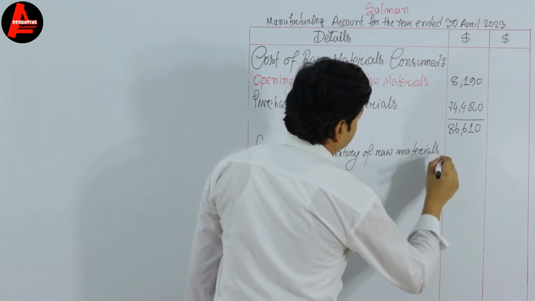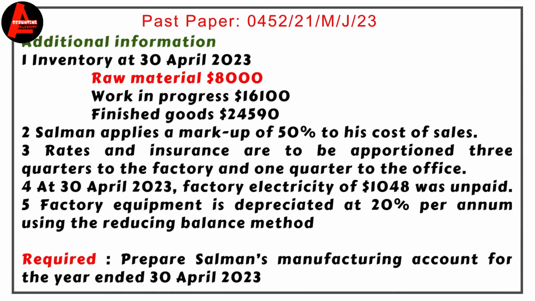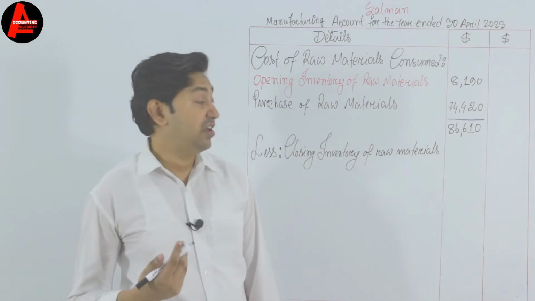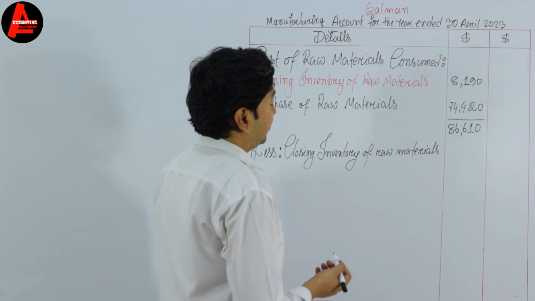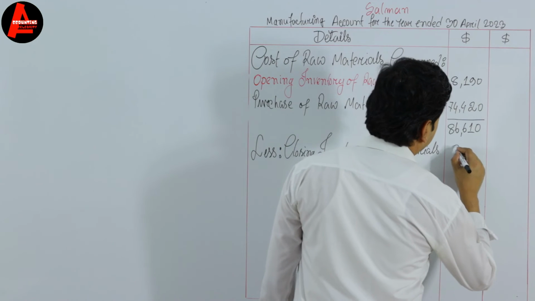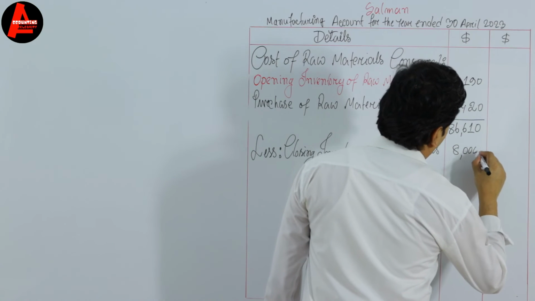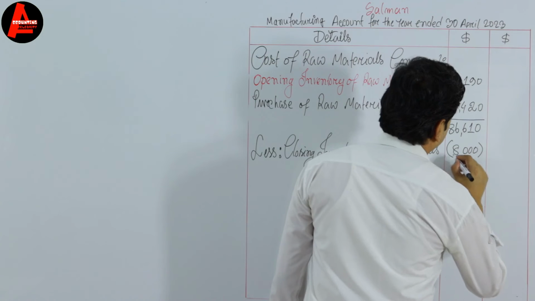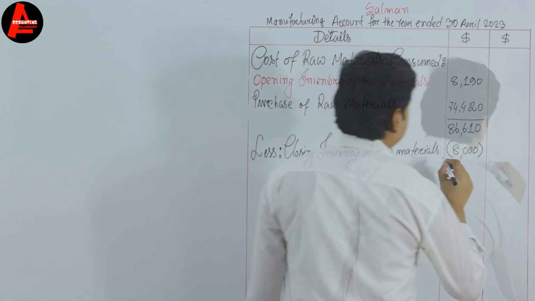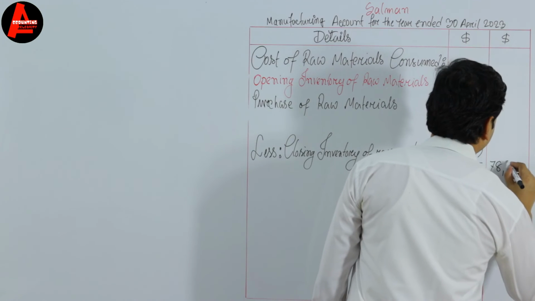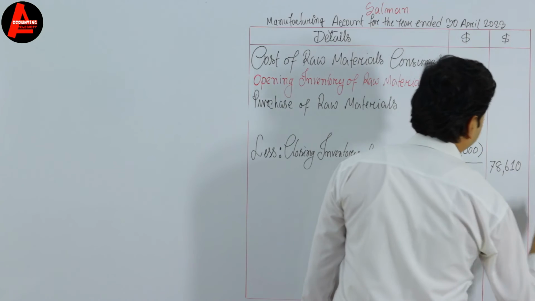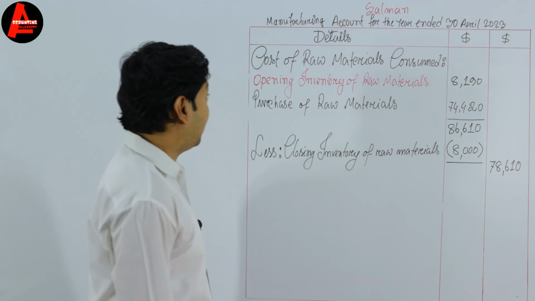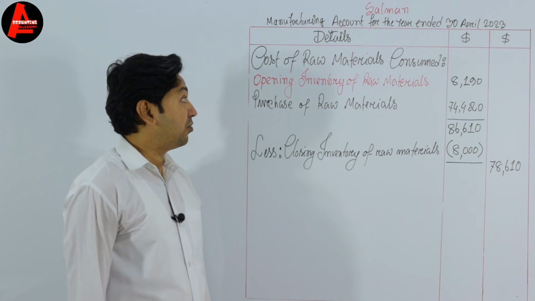We saw in the additional information, inventory at 30 April 2023. Here raw material we see $8,000. Okay, so we will subtract this amount, $8,000. If we minus, we get $78,610. Okay, great.